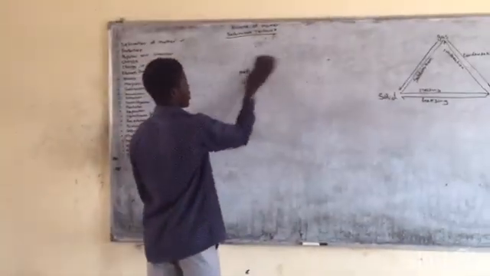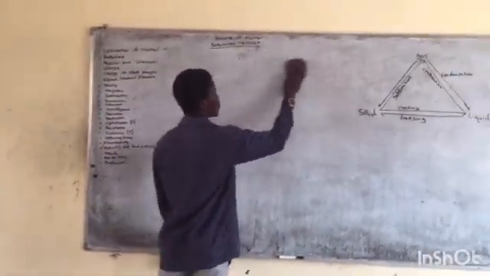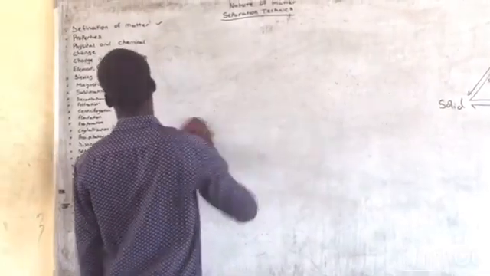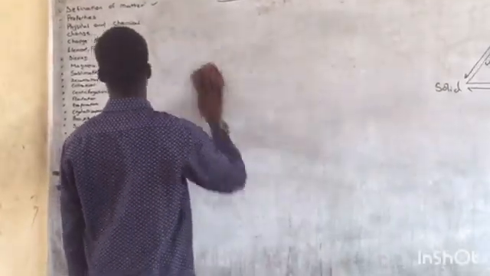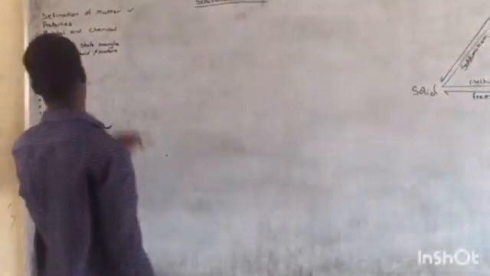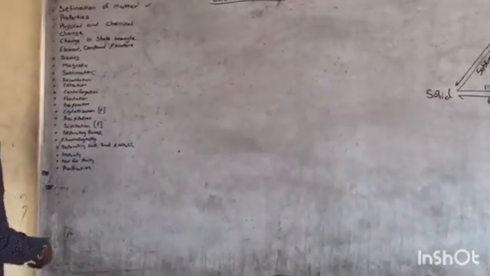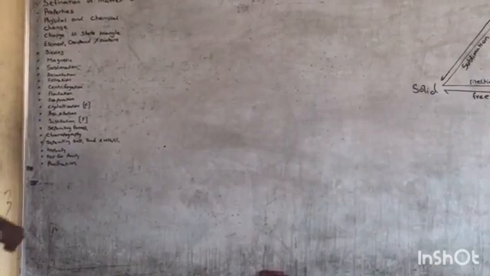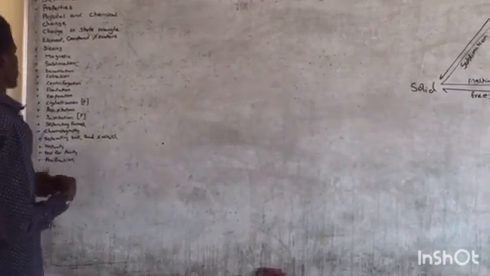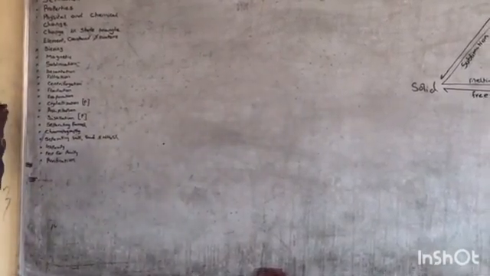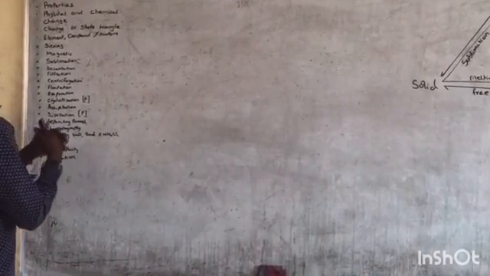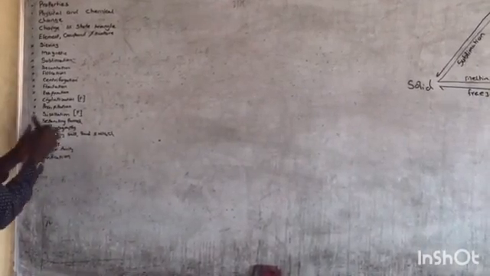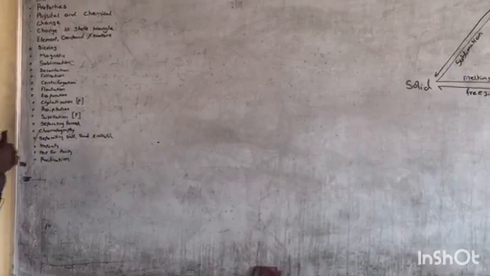So separation techniques is the techniques we use. Oh, we skipped one. Elements, compounds, and mixtures first before we go to separation techniques. So what's an element? An element is any substance that cannot be further split down into simpler units.